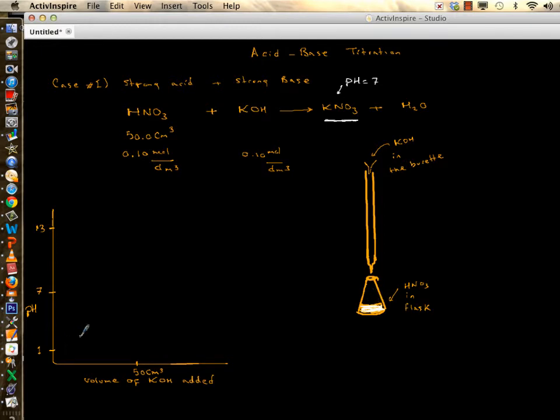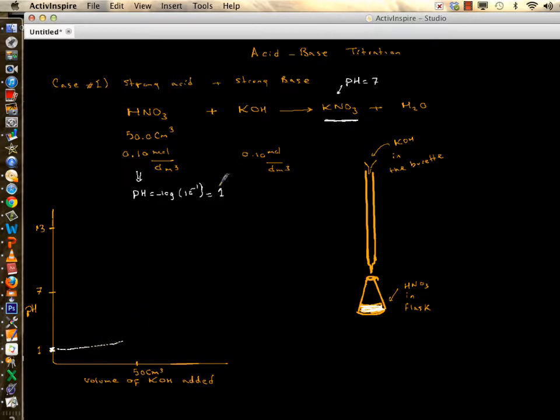At the beginning, since there is no base added, you can simply find the initial pH, which is negative log of the concentration. So negative log of 10 to the minus 1, or 0.1, which happens to be 1. So at the beginning, you are here. Then while neutralization takes place, there is a very gradual increase in your pH.